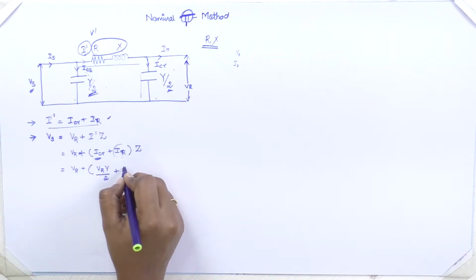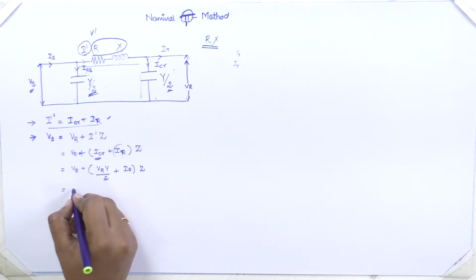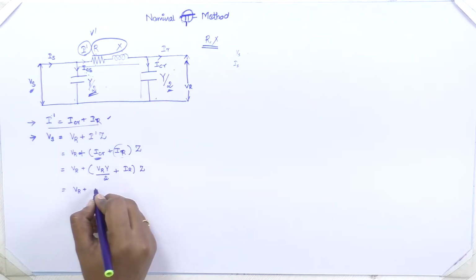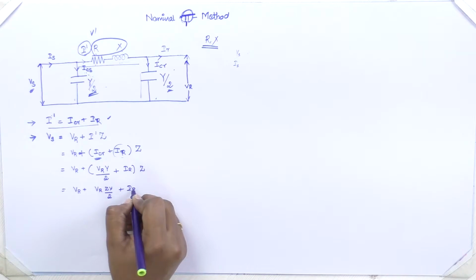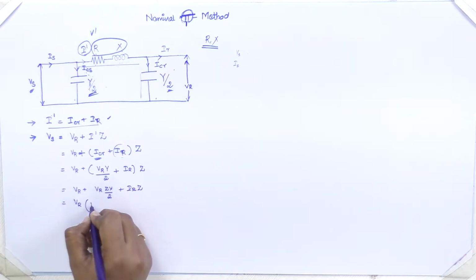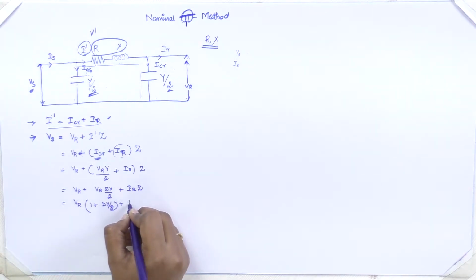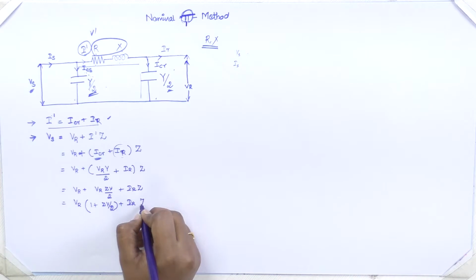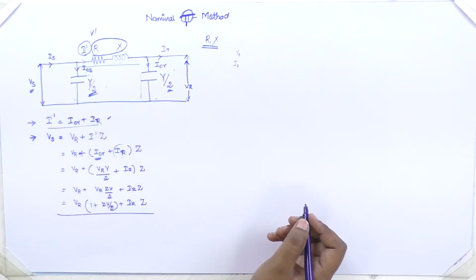Rewriting this equation, Vs is VR plus VR Z Y by 2 plus IR into Z, which is VR into 1 plus ZY by 2 plus IR into Z. So this equation I have achieved in terms of VR and IR.